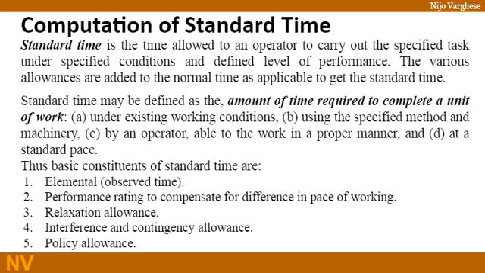Observed time multiplied by the performance rating divided by 100 gives the normal time. These two things are required for normal time, plus the allowances like relaxation allowance, contingency allowance, interference allowance, and policy allowance. All of these are the constituents of standard time.